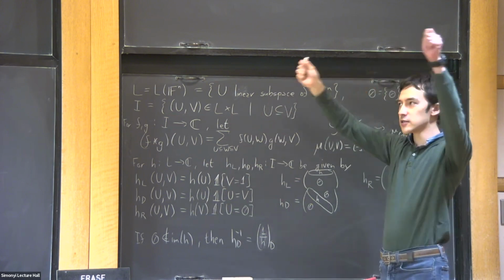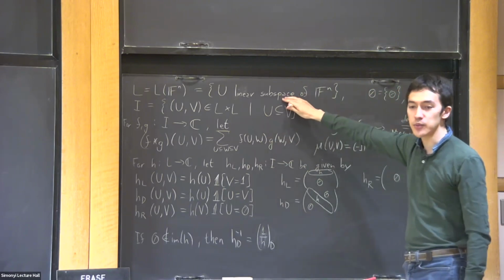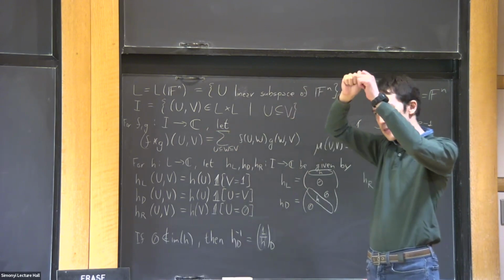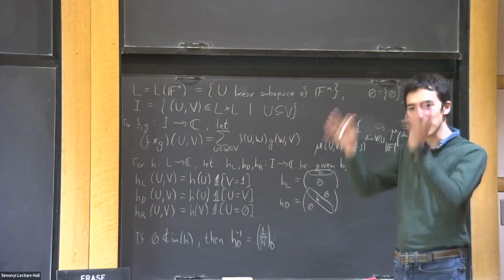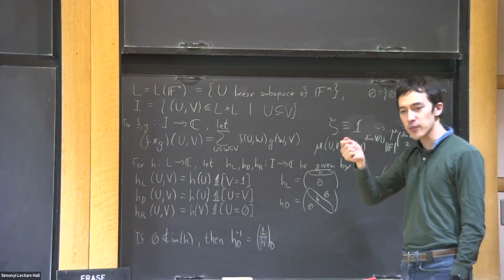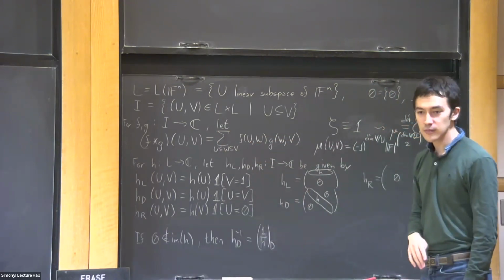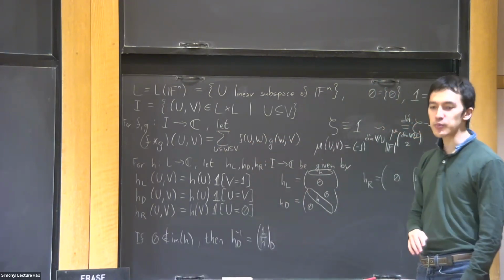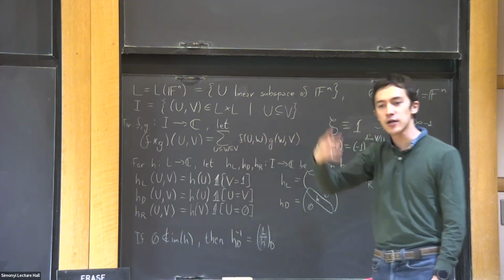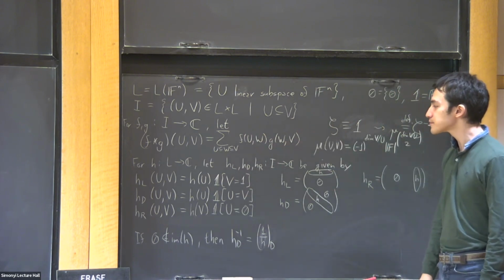If you order the elements of L in something compatible with the poset order, for example by dimension, then these functions need to be upper triangular. Not every upper triangular matrix comes from a function like this, because the support needs to be on comparable points, but all of them are upper triangular.